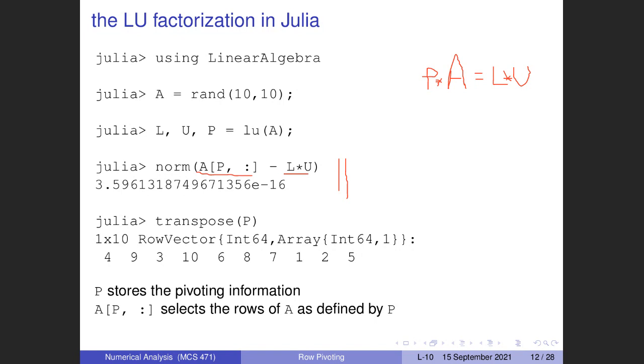But you see in the Julia syntax that the permutation can be executed very efficiently. It's just row indexing, so it doesn't really involve any calculation. And the punchline, of course, is that the difference is of the order of machine precision. So for a random 10 by 10 matrix, this is done very, very accurately. So this is the built-in LU factorization in Julia.